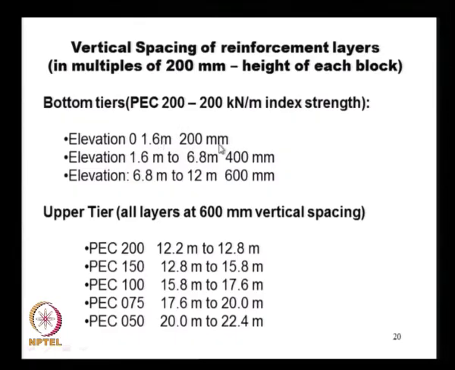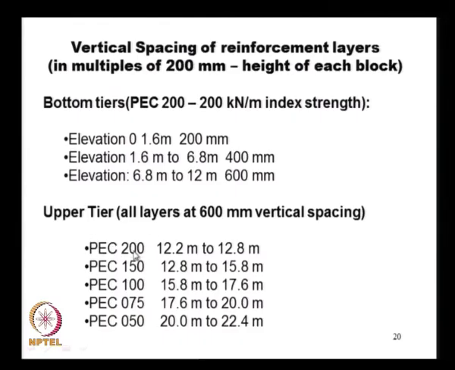The spacing is 200 millimeters, and between heights of 1.6 to 6.8 the spacing was 400 millimeters, and then from 6.8 meters to 12 meter elevation the vertical spacing was 600 millimeters. In the upper tier all the reinforcement layers were provided at 600 spacing.